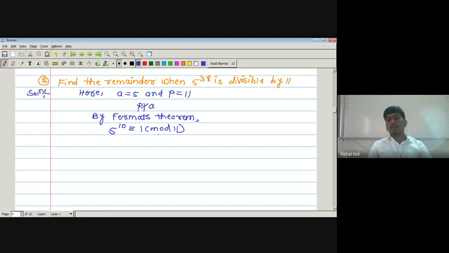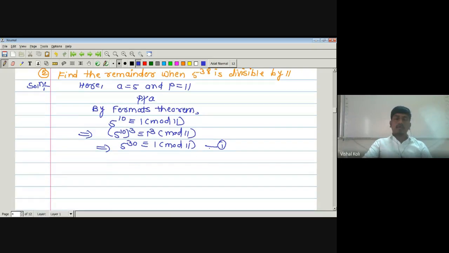Now if a is congruent to b modulo n, then a to the power k is congruent to b to the power k modulo n for some positive integer k, which implies 5 to the power 10, whole cubed, is congruent to 1 to the power 3 modulo 11. Which implies 5 to the power 30 is congruent to 1 modulo 11. Take this as equation 1.